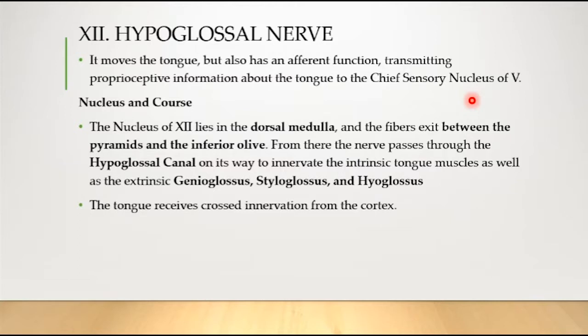So with an upper motor neuron lesion, usually you don't get that much of a problem. You get more of a spasticity in long-term lesions like motor neuron disease. But in lower motor neuron lesions, there is usually a clear problem, so the deviation is usually to the side of the lesion.